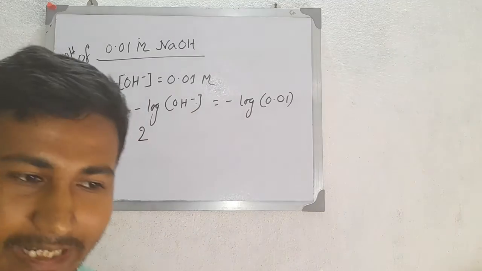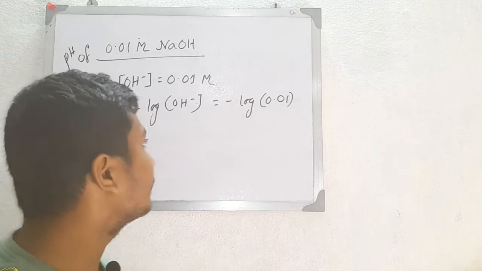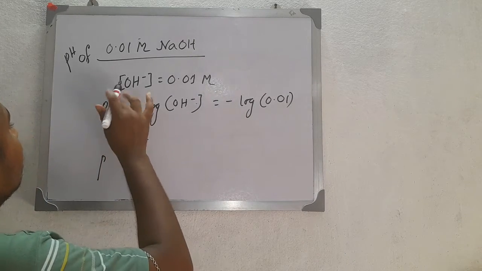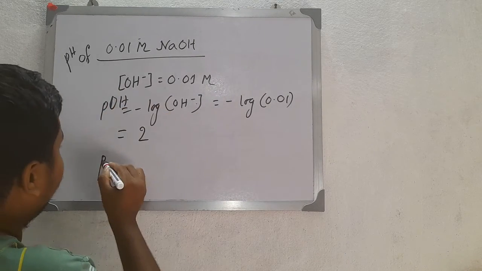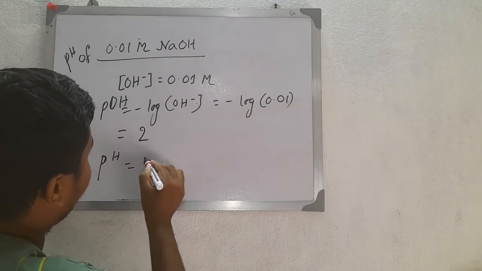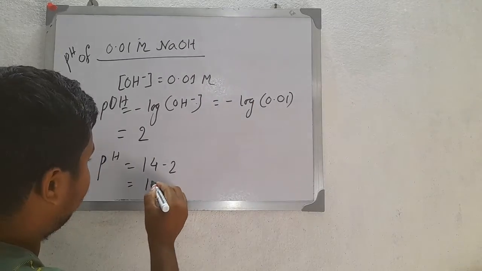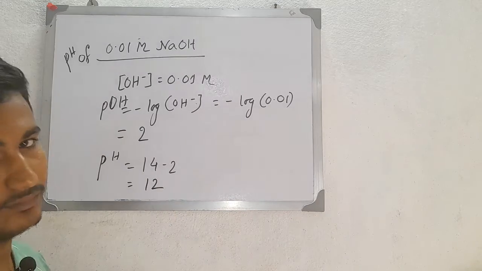We know that pH plus pOH equals 14. So here pH equals 14 minus 2, meaning 12.